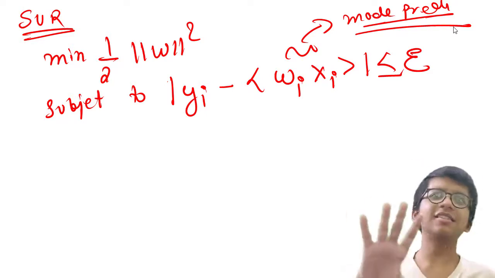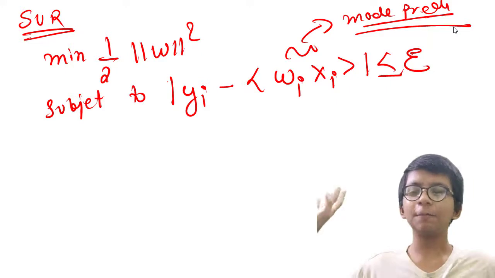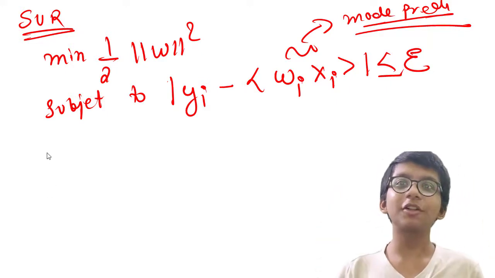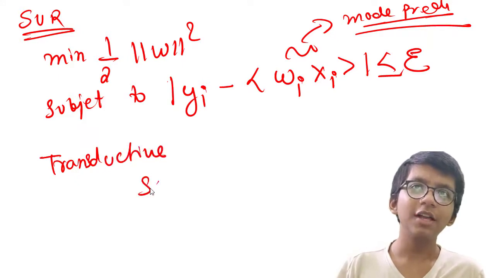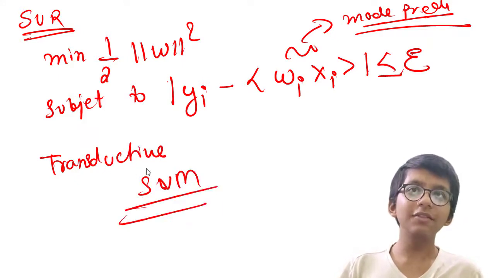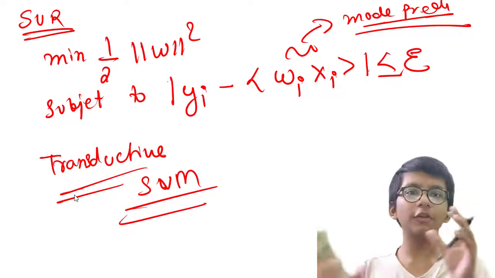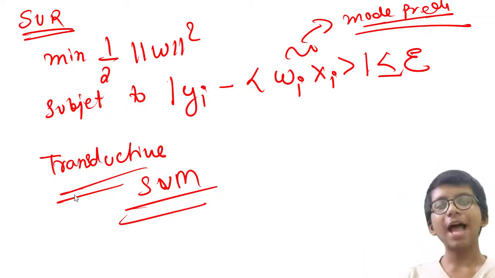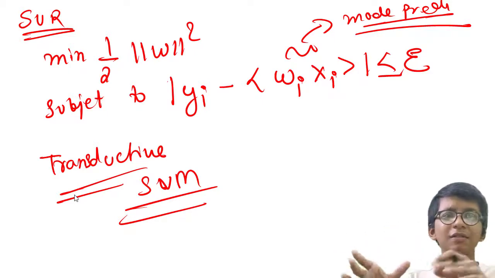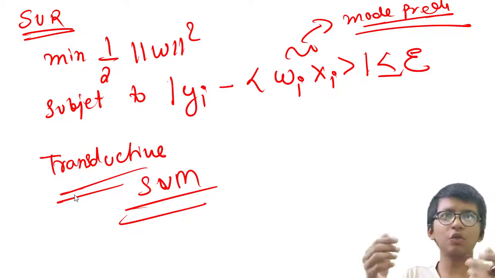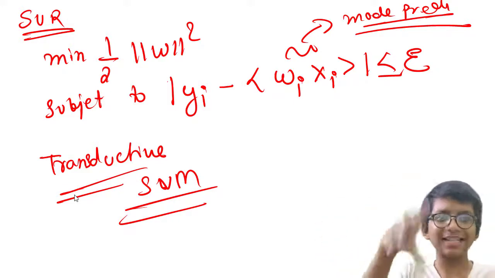Okay, so I think this is the equation that you need to get, and support vector machine is used everywhere. And one more thing: there is a support vector machine variant called transductive SVM. Obviously it's not too much. Transductive SVM can work with semi-supervised learning, if you have some training examples which are unsupervised.